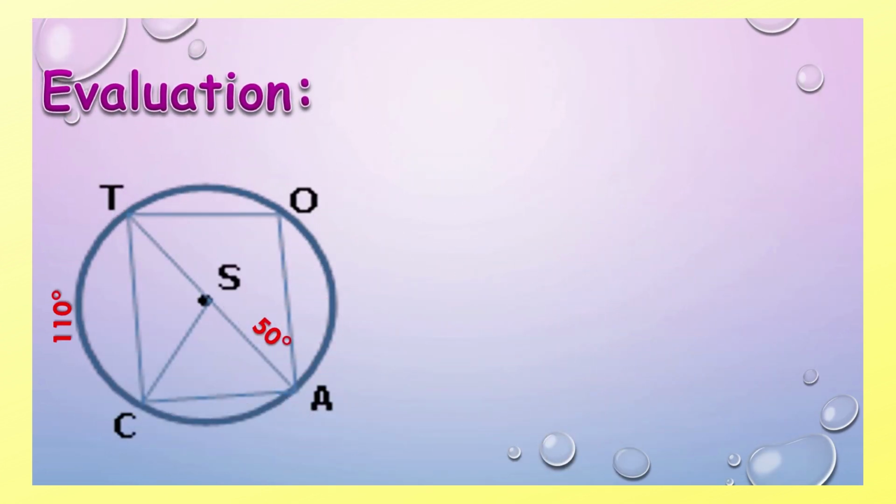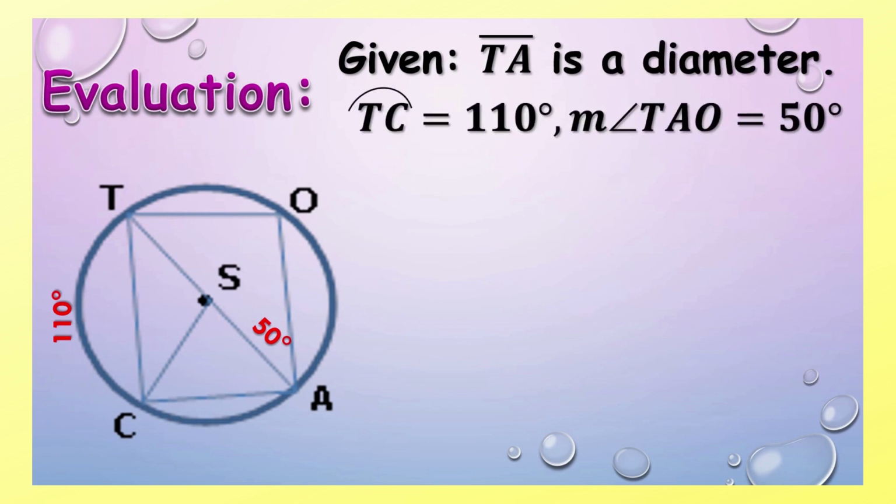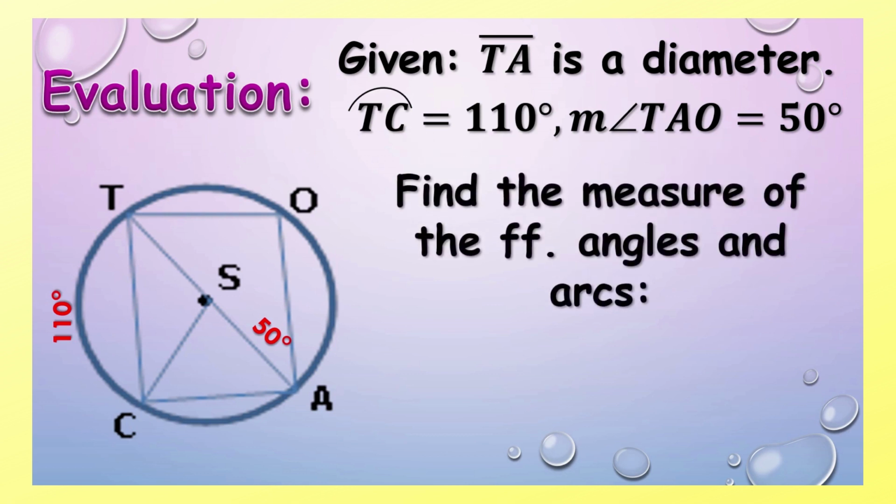Okay, so evaluation. Given segment TA is a diameter, then arc TC is 110 degrees and the measure of angle TAO is 50 degrees. Find the measure of the following angles and arcs.